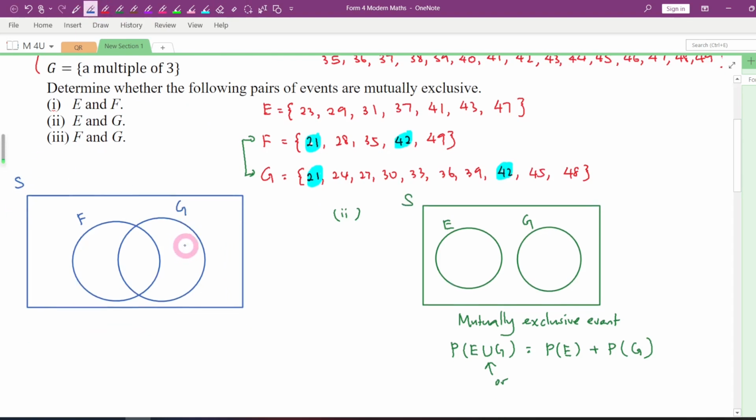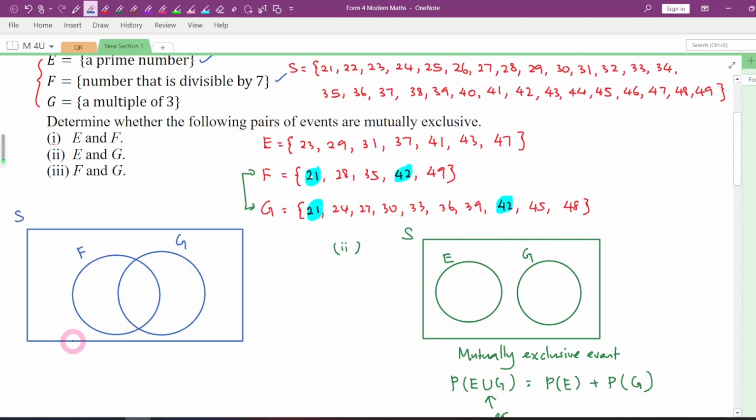Okay, so in this situation, if I want you to find the probability of getting a number which is divisible by 7 or a multiple of 3, still the same since I'm using the word or, F union G. This time the formula will be slightly different.